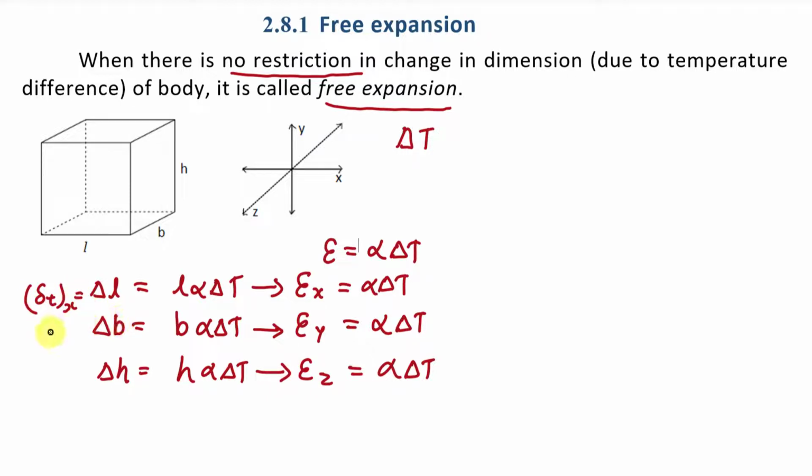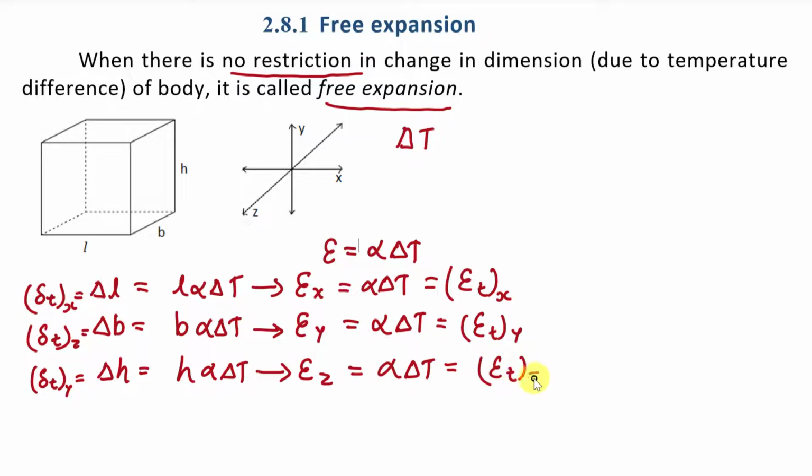This delta B is deformation due to temperature in z direction, and this delta H is deformation due to temperature in y direction. And here we can also write that this epsilon x is epsilon T, that is thermal strain in x direction, this is thermal strain in y direction, and this is thermal strain in z direction.